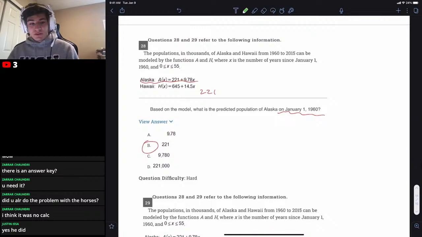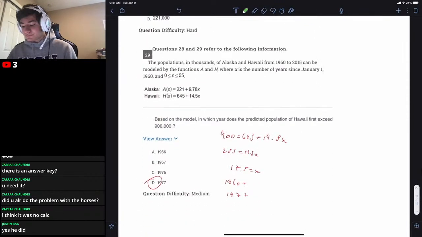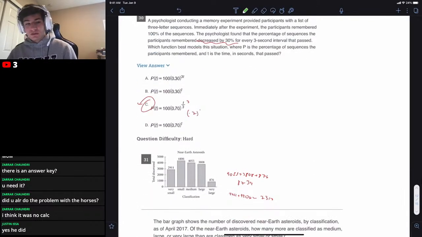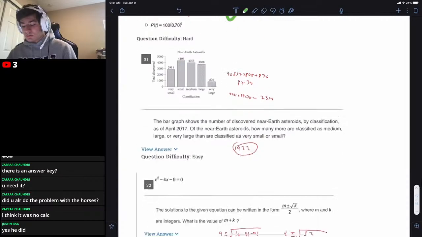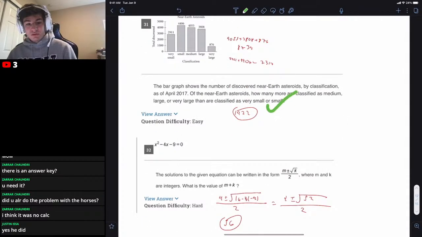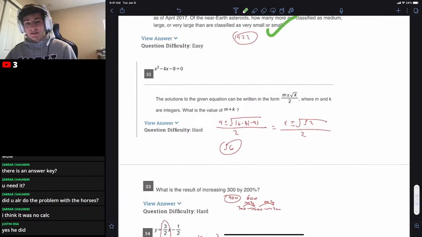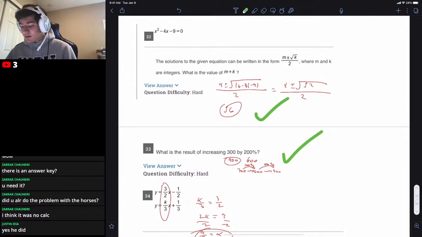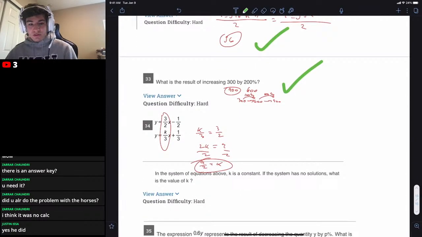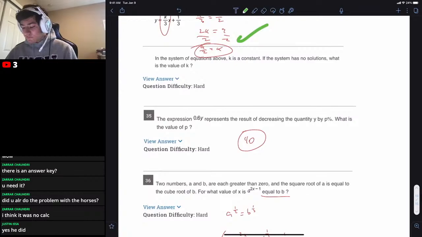B is 28. Yep. 29 is D. C. 1422, correct. 56. 900. 9 over 2. 40.